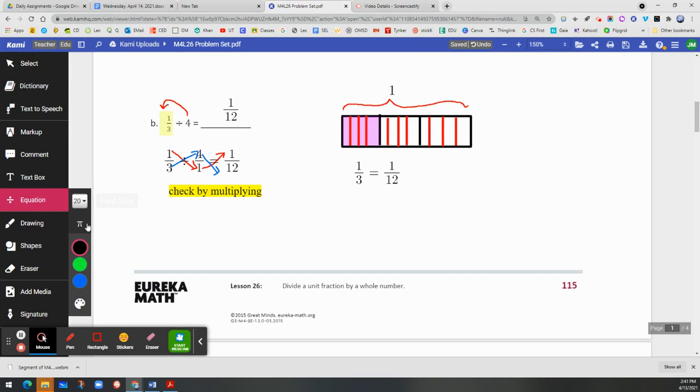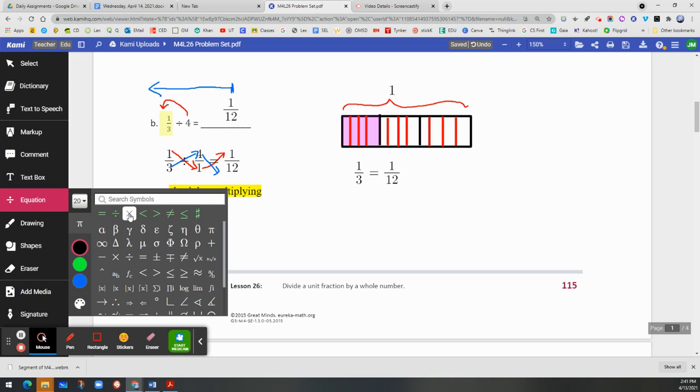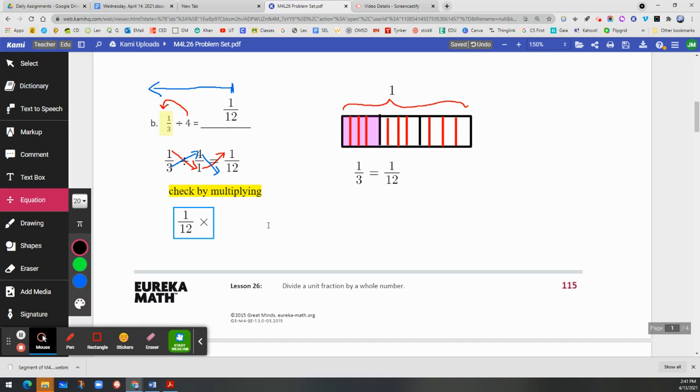Again, last time what I recommended for you to do is simply grab the answer. So you start from the right, and then you're going to write the numbers in this order. The first number is going to be 1 over 12, times, because we're checking. The inverse relationship of division is multiplication.